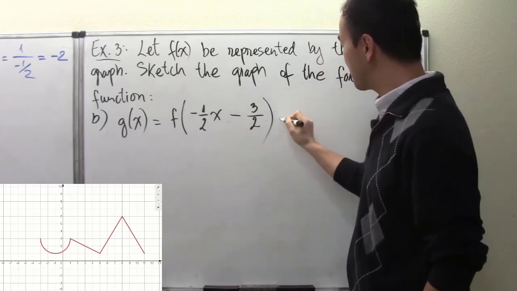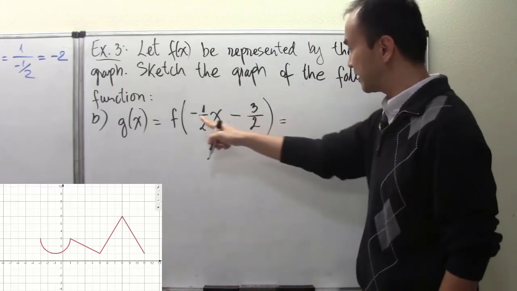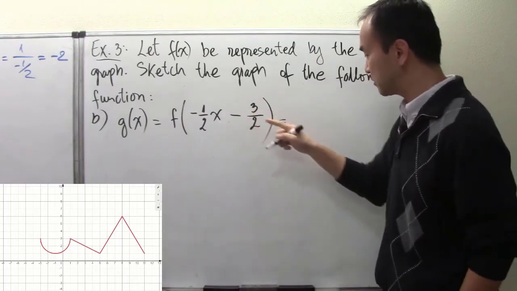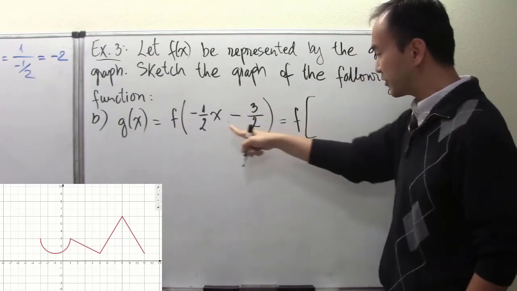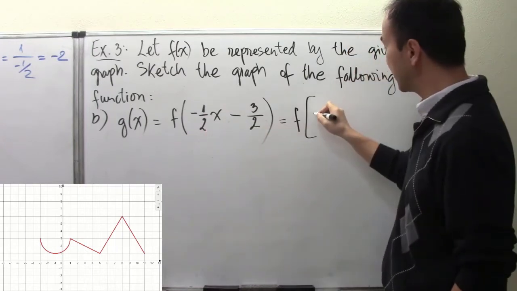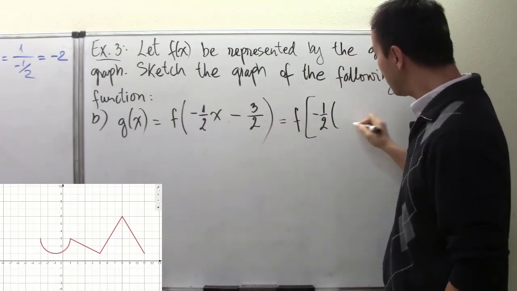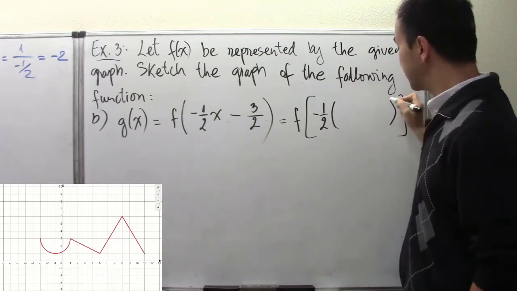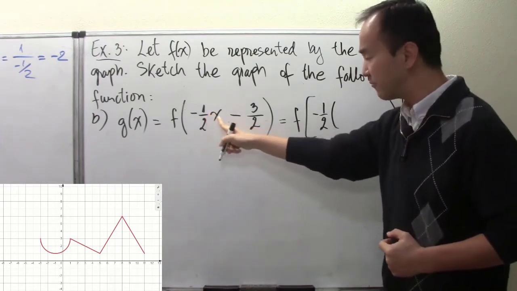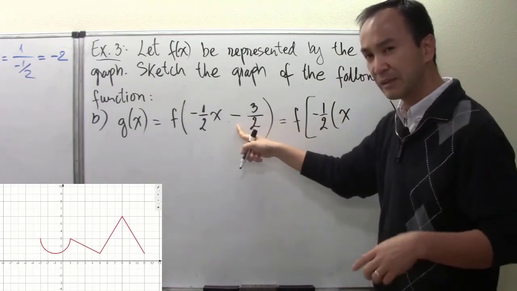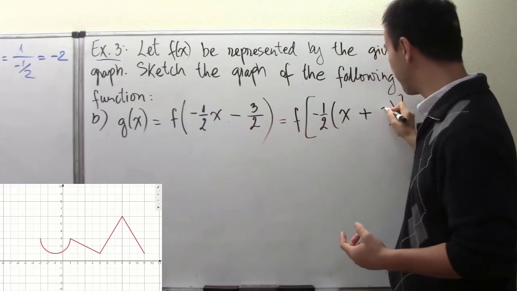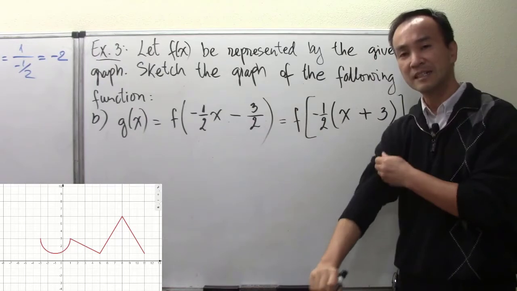So now here's how I want to see my parent function with this linear expression. It's f, and now factoring out the negative 1/2, I'm looking at negative 1/2 in parentheses. All right, and so as we factor out negative 1/2, the first term here becomes x, but the second term here becomes just plus 3. All right, it's a plus 3.